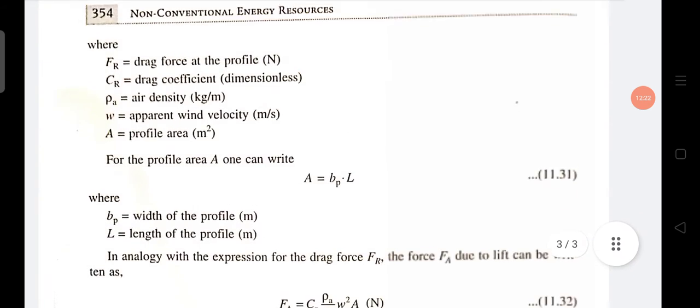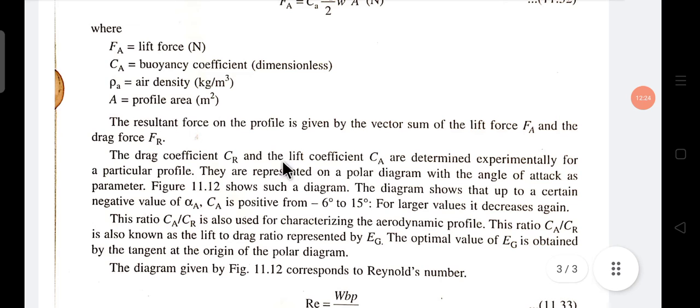The drag coefficient Cr and the lift coefficient Ca are determined experimentally for a particular profile. They are represented on a polar diagram, with the angle of attack as a parameter. Figure 11.12 shows such a diagram.